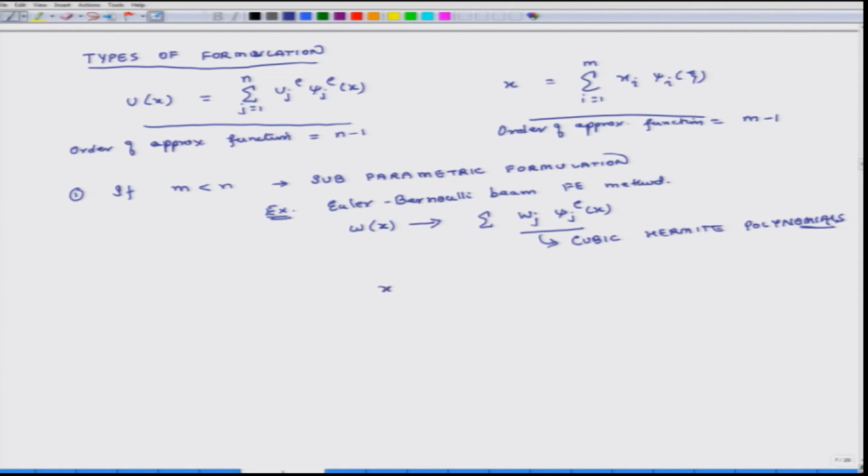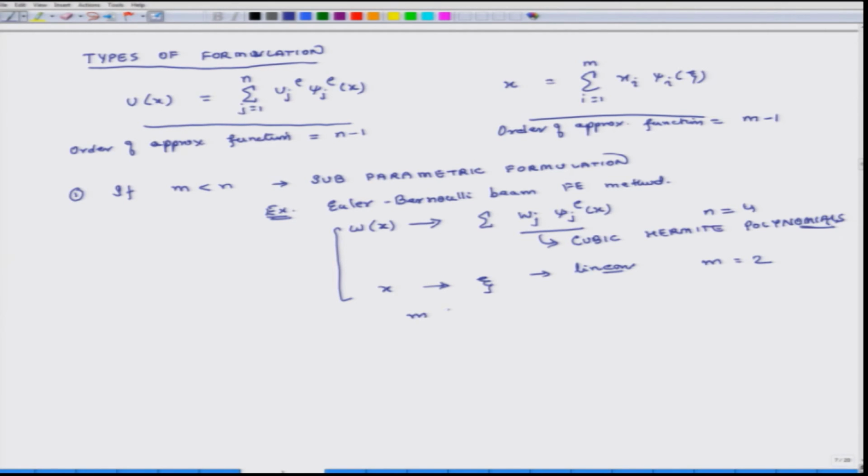But for the x to zeta transformation, you can still have a linear transformation or quadratic. So if you do this, then in this case n is equal to 4, and here m is equal to 2.